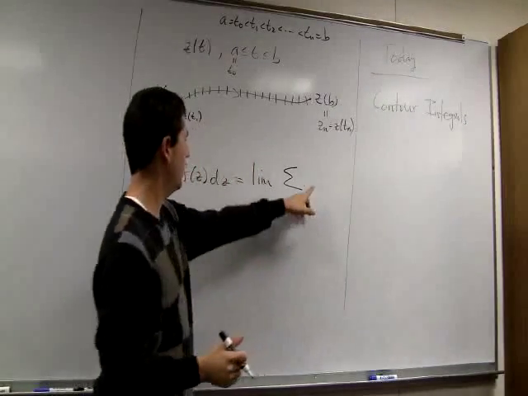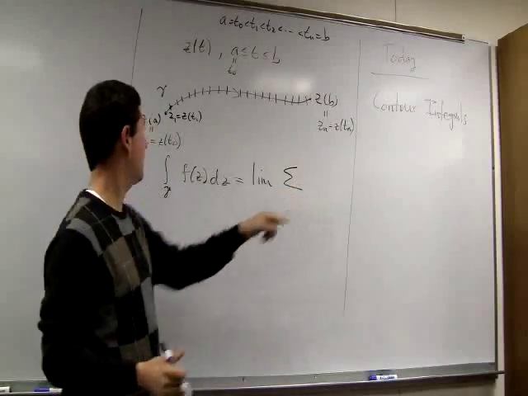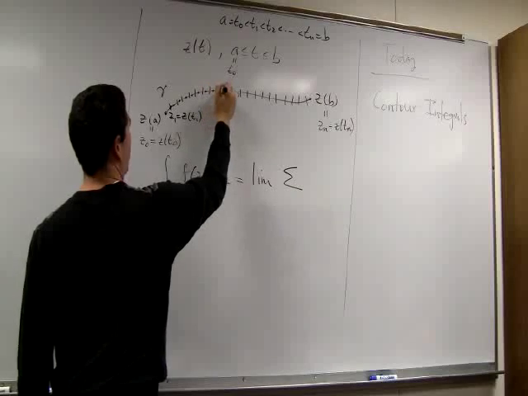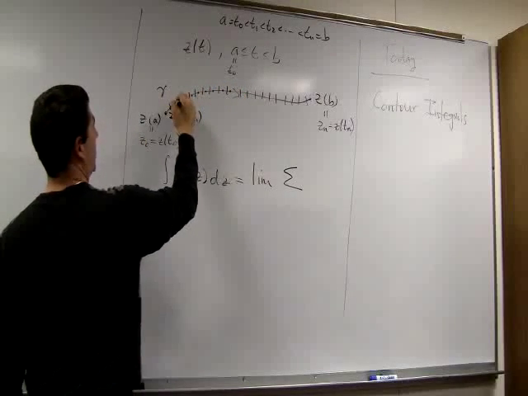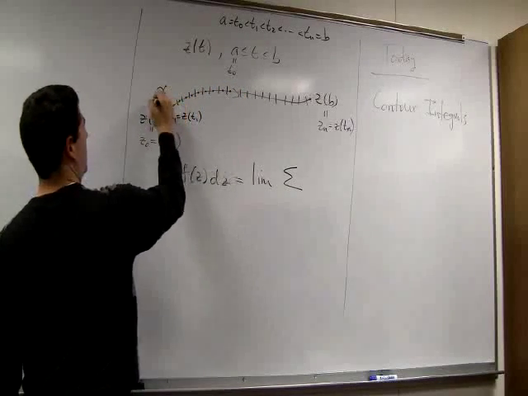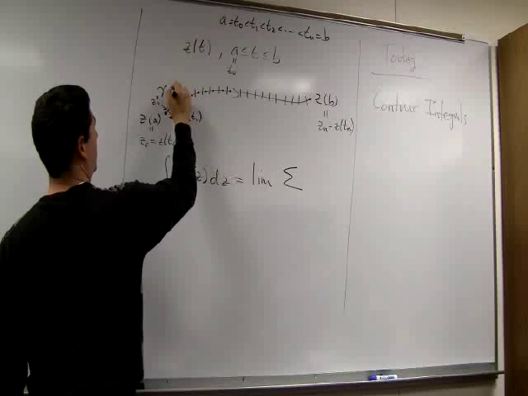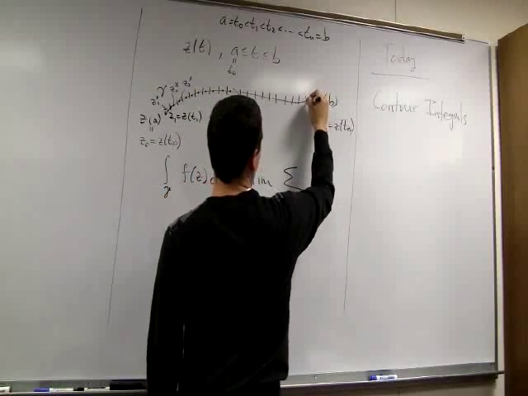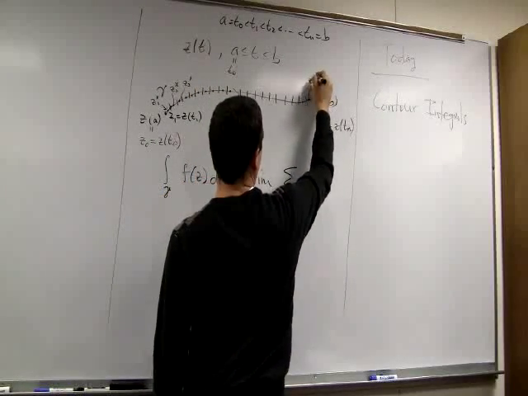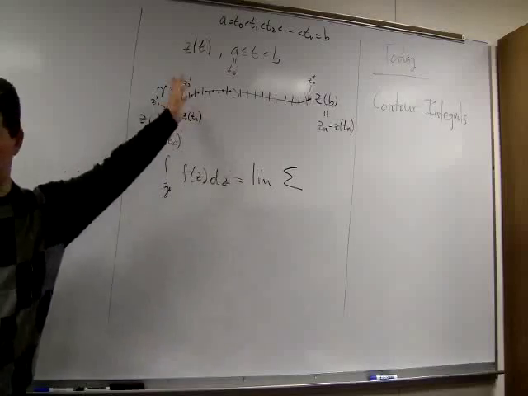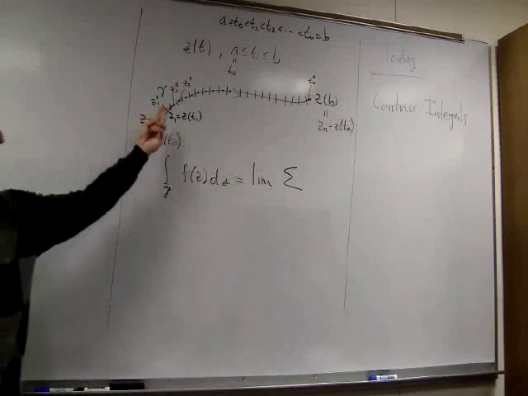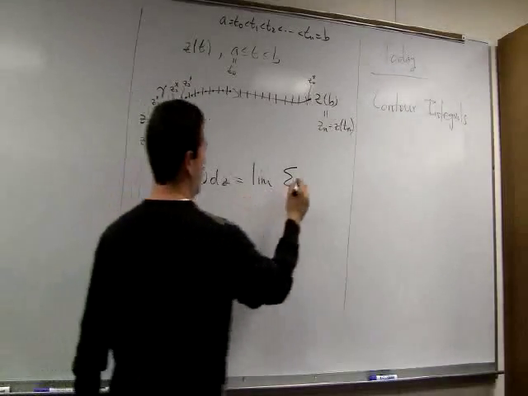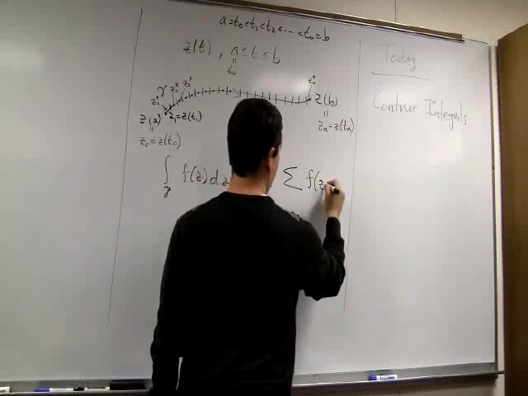And then what will it be? Well, it'll be the value of the function at a point that we choose in each interval. So this point here could be z1 star, and this point will be z2 star, and this point will be z3 star, and there'll be a point down here, and that'll be zn star. We just choose some point somewhere in the interval between z1 and z2 and between z2 and z3. And we evaluate the function at that point.